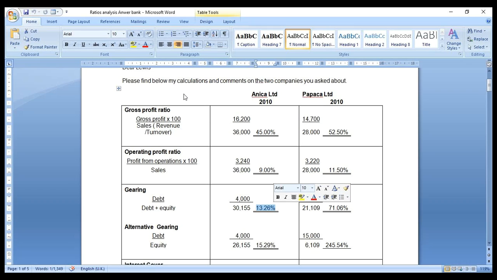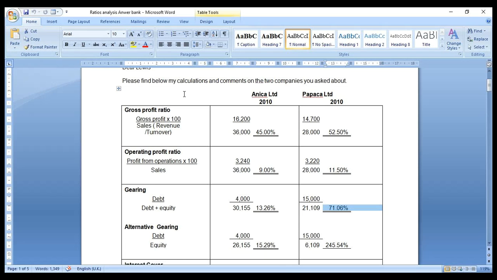We said if it's more than 50, it's risky, and if less than 50 it's less risky. Papika is 71%. So Anika is better than Papika, because Anika is less risky.